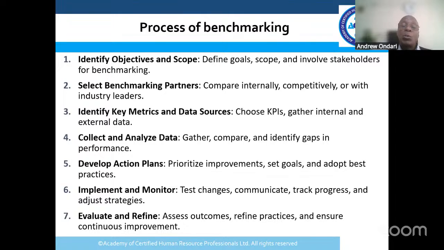So you need to find out which of the partners you are going to work with in all those areas. If it is functional benchmarking, you identify other organizations that have done well in those areas. And those are the industry leaders.